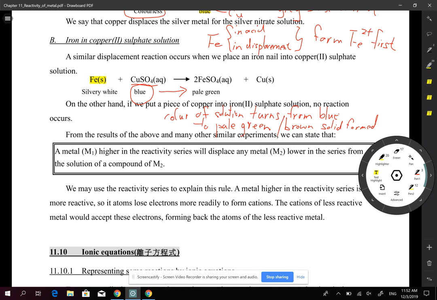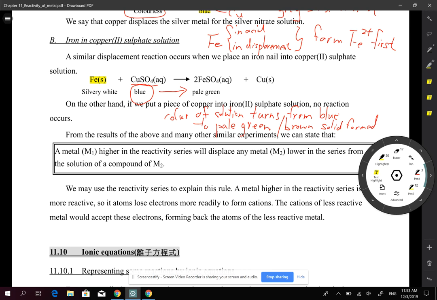No. There is water in it, and the metal will react with the water. It will directly react with water, and form KOH and H2. Okay, instead of undergoing displacement reaction.